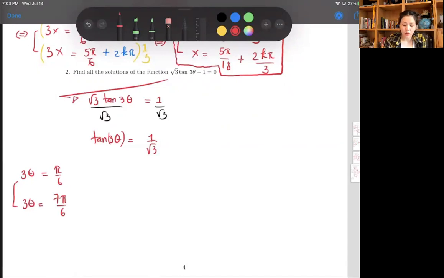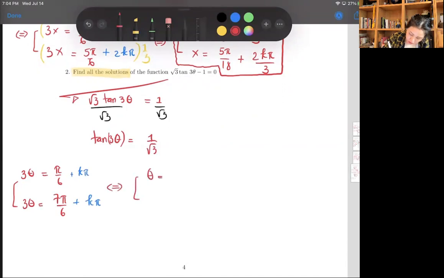Again, they want to find all the solutions, so you have to add the period, k pi, at the end, because the period of tangent is k pi, where k is an integer. I'm going to add k pi here and k pi here, and now I'm going to solve for theta.